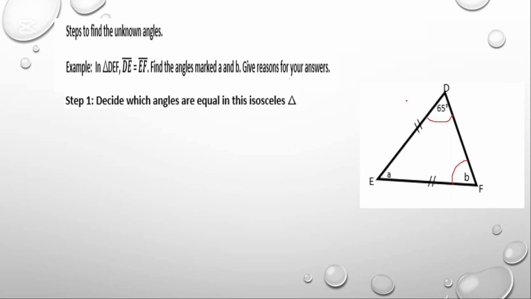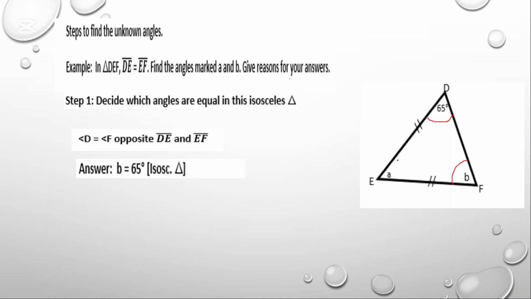So step 1, decide which angles are equal in this isosceles triangle. We did that. We know that angle D is equal to angle F. Next step, we write it down. D is equal to F because they're opposite DE and EF. The next step: the answer is B is also equal to 65, and you must write your reason, in isosceles triangle.